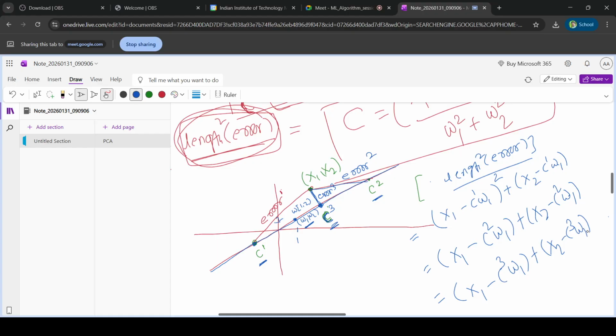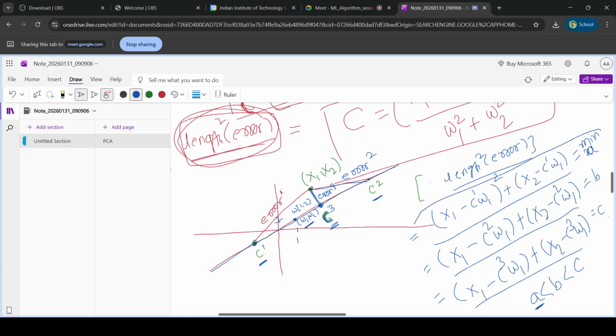Then you will find this value, this value, this value, but which one will you take? The minimum value. For example this is A, this is B, and this is C. Which one will you choose, which is the minimum between A, B, C? You find out A is less than B, less than C. So A is the minimum value, which means you will choose C1 dash here.